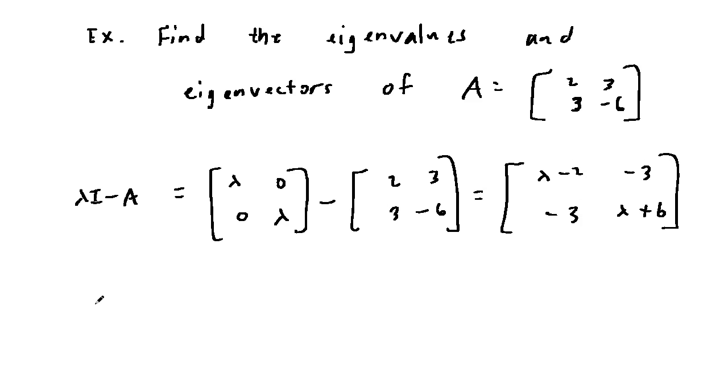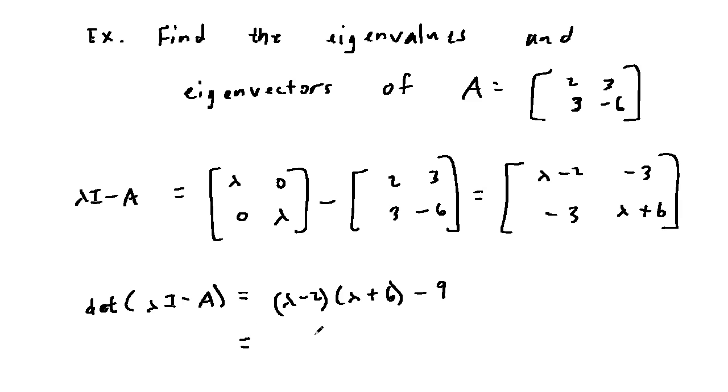Now, the determinant of lambda I minus A is equal to, so this is going to be AD minus BC for the determinant of a 2x2 matrix. Let's simplify this a little bit.